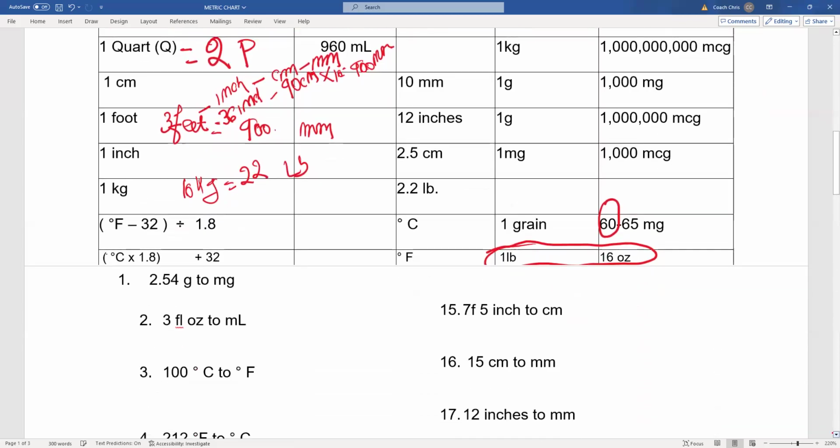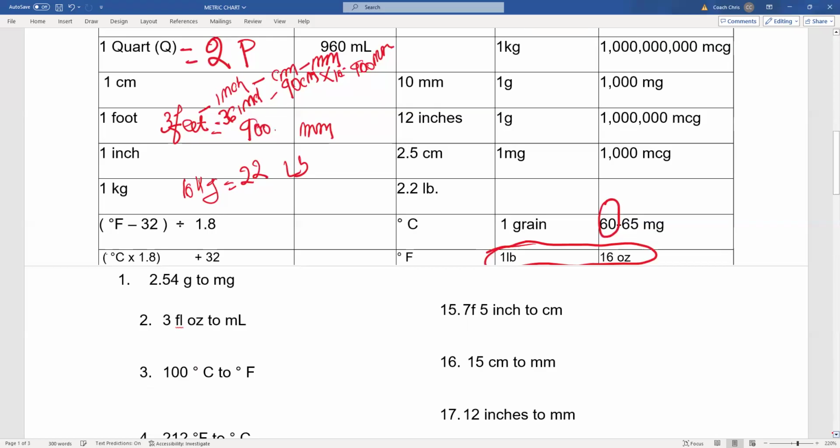When they give you degrees Fahrenheit to degrees Celsius, whatever the value of degrees Fahrenheit they give you, for example, they give you 32 degrees Fahrenheit equal how many degrees Celsius? You're going to take that degree Fahrenheit and subtract 32 from that. And whatever the difference you get, you're going to divide it by 1.8.